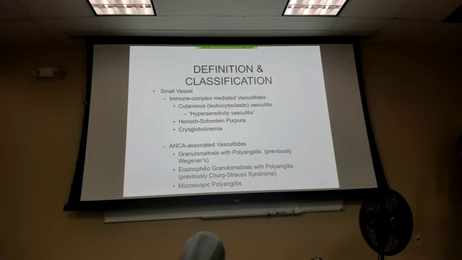That's what it used to be called, the Wegener's. Eosinophilic granulomatosis with, so it's the same thing, but adding some of that eosinophilic. And then we can see the microscopic polyangiitis there.